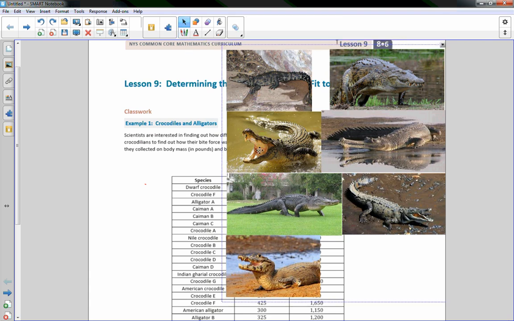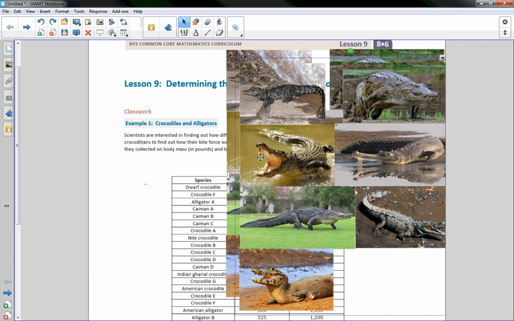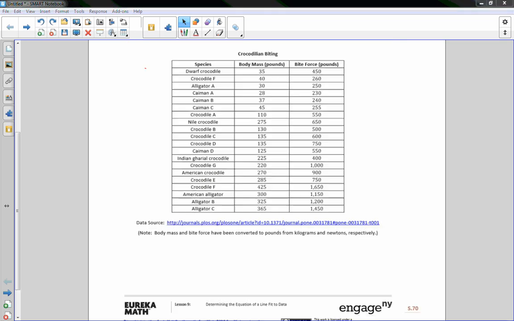So let's get rid of those pictures now. Okay, so the data in this table came from this link. The note says body mass and bite force have been converted to pounds from kilograms and newtons, respectively. So everything is in pounds.